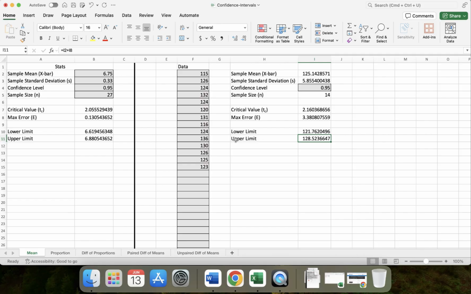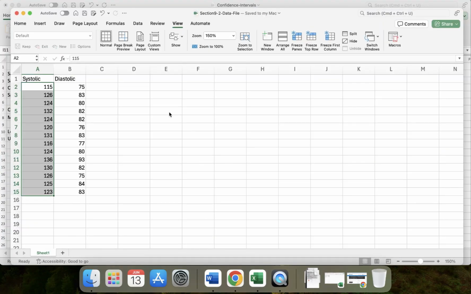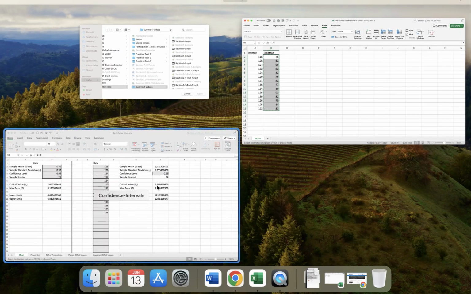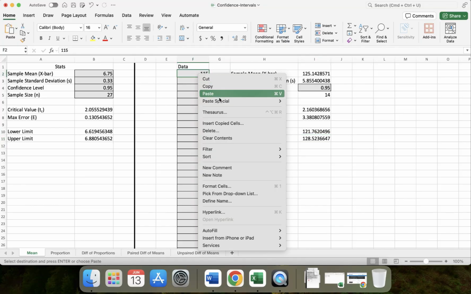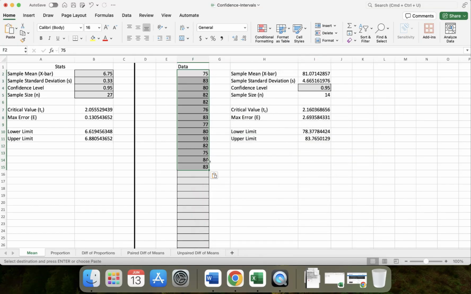Okay, now we do a very similar thing for the diastolic, so I just want to do that right away while I have the Excel file open. And we just copy and paste the data. Here, taking diastolic now, copy that, paste it, let's do values, good.